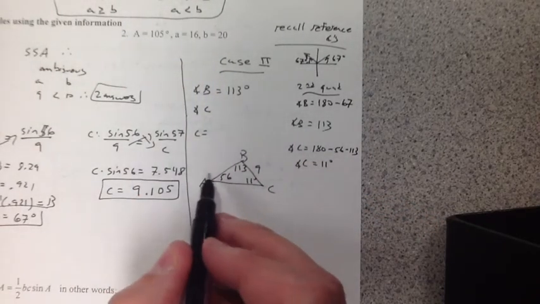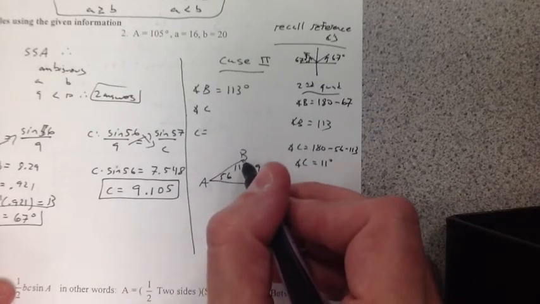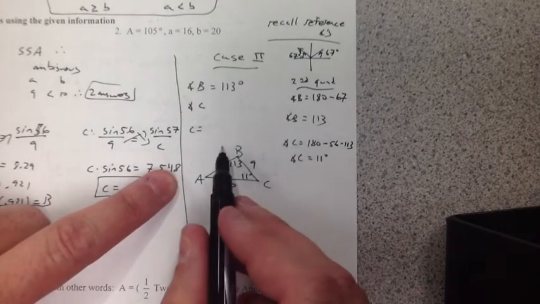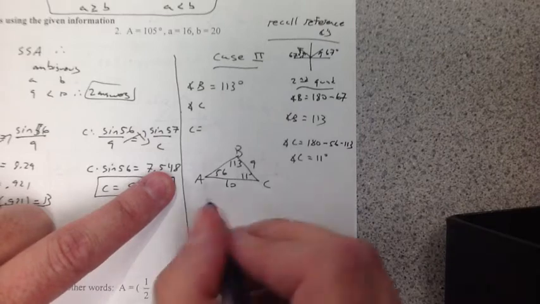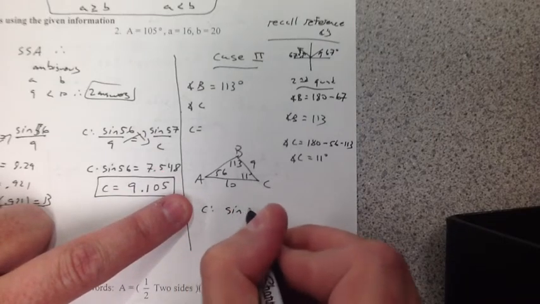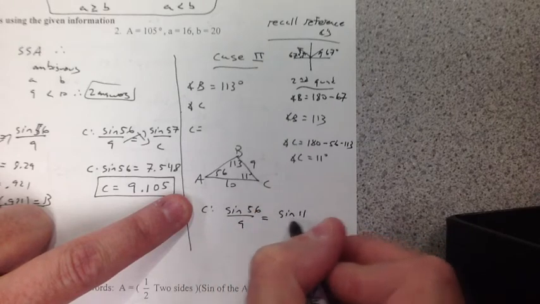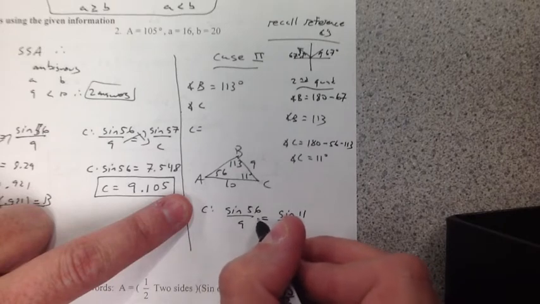And now we have to find, remember we had little b also, 10. There we go. Sorry, I forgot to put my 10 down there. And now all we have to do is find little c. Now little c, we do have to use our law of sines. So we're going to take the sine of 56 over 9, equal to the sine of 11 over c. So to get c, cross multiply.